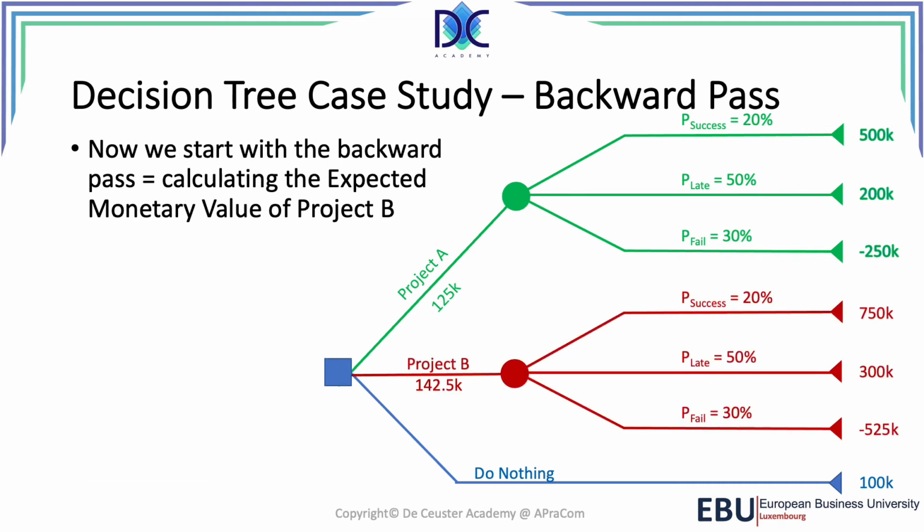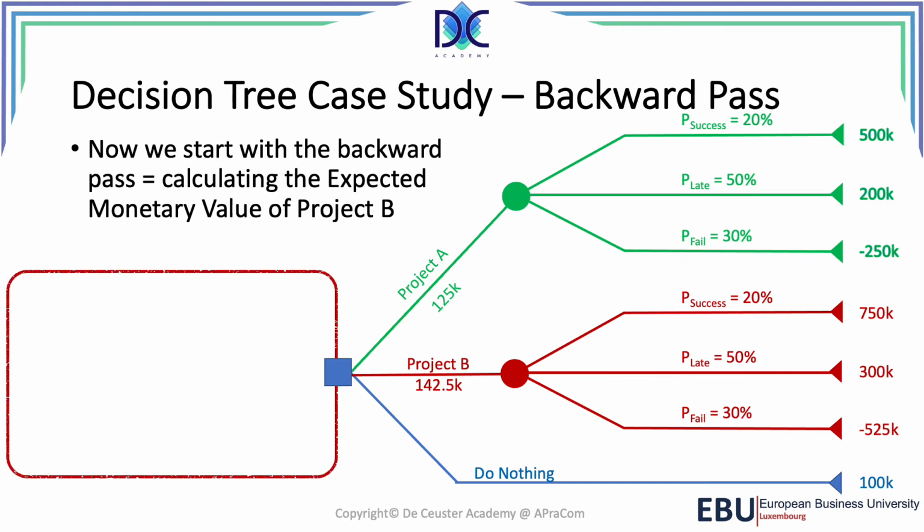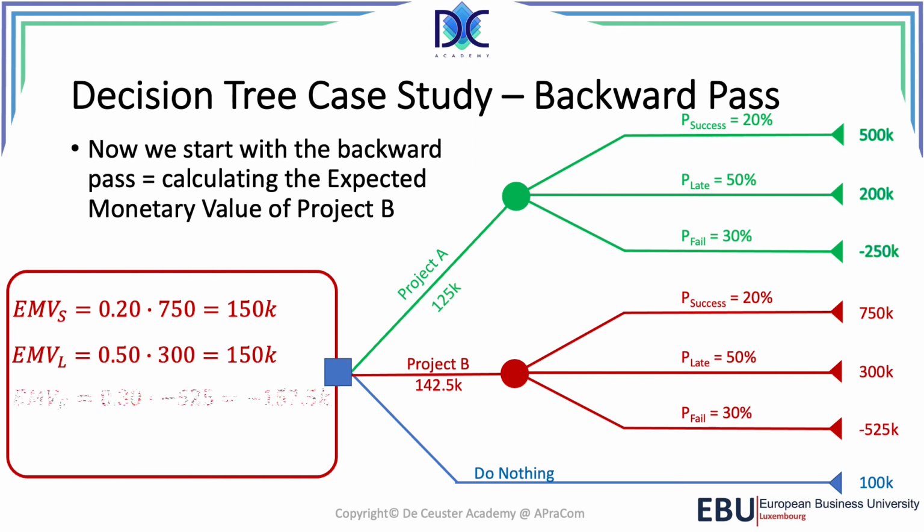Next step, we do the same for project B. So for project B, we already know that we have 142.5k. We calculated it before, but let's again review the calculations. So we have 20% times 750, which is 150k. We have for late 50% times 300, which is also 150k.